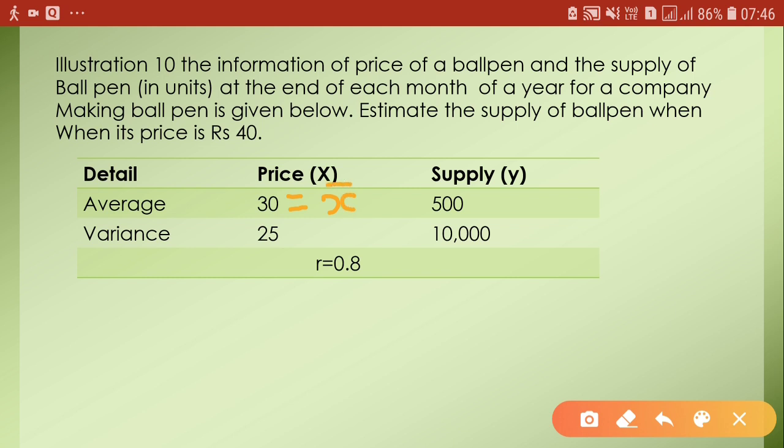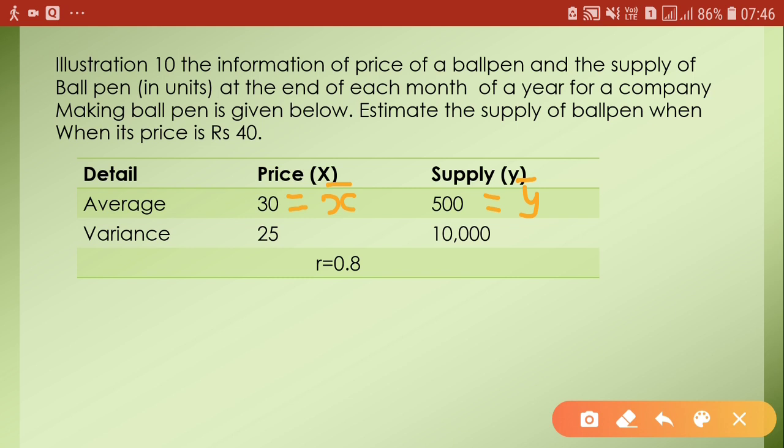This average means mean. Mean of x is x bar, and mean of y is y bar. So basically x bar is 30 and y bar is 500.